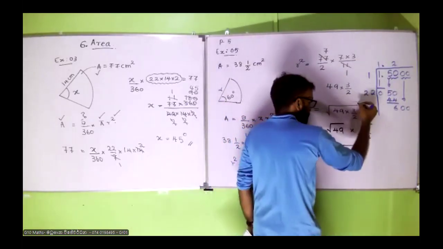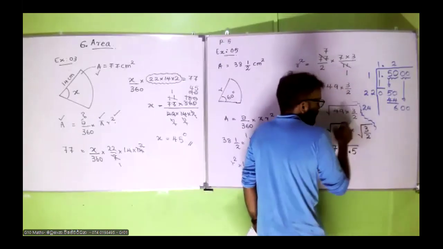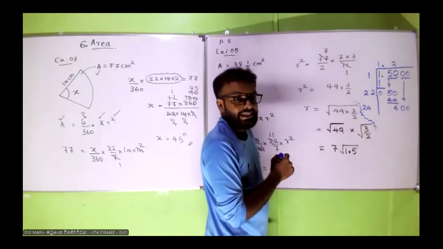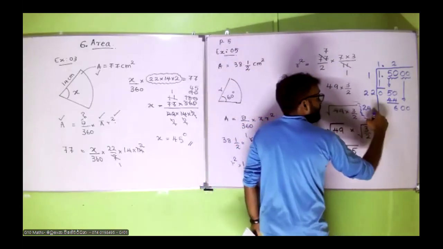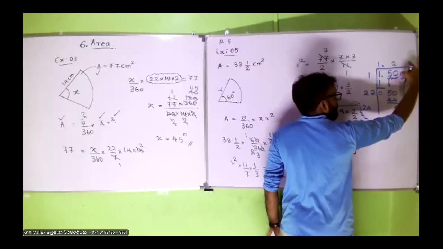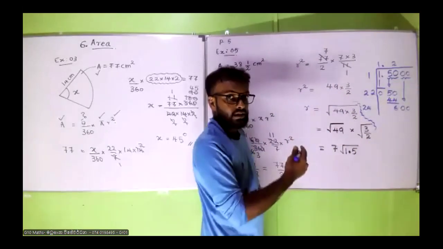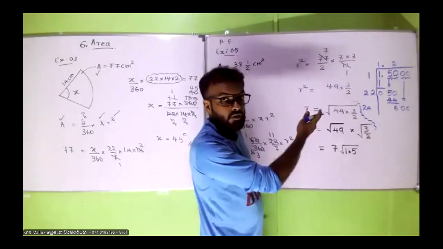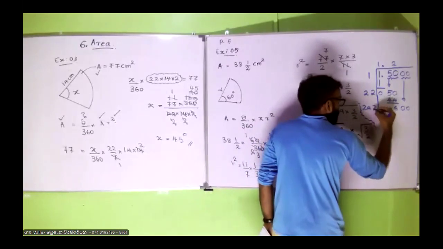So what should be the number you are going to put there? It is definitely not 3, because if you put 3 here, you need to put 3 here as well. 3 into 2 means 6. That means more than 600, and you already have 600. Definitely it should be 2.